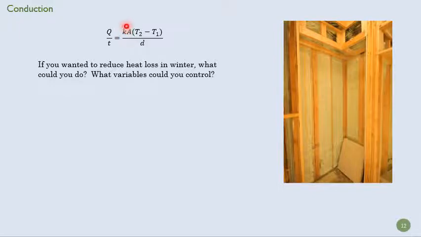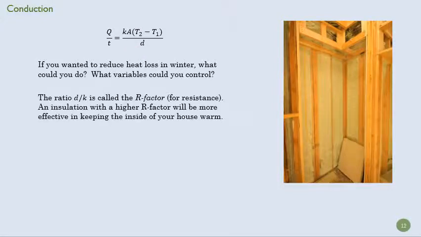But we can change K, right? We can change the material of those walls, and that's why we put insulation in them. And we can change the thickness of the walls, right? We could make our walls particularly thick. So that ratio D over K is called an R factor, and basically it offers resistance to heat transfer, right?